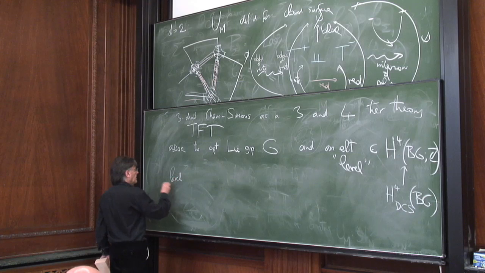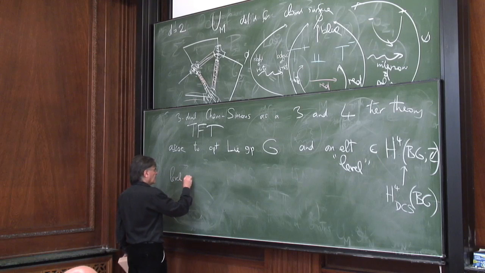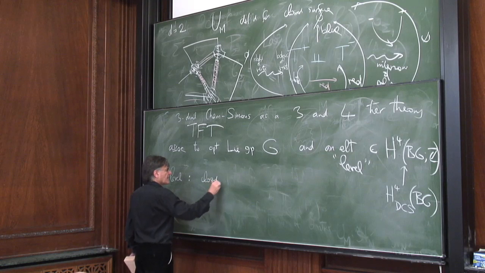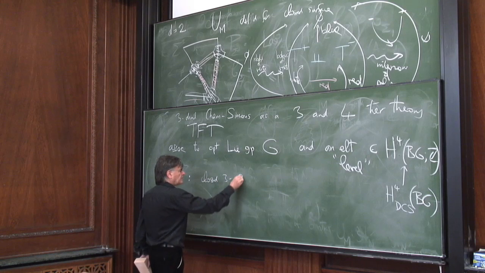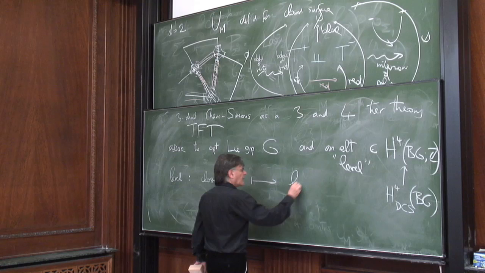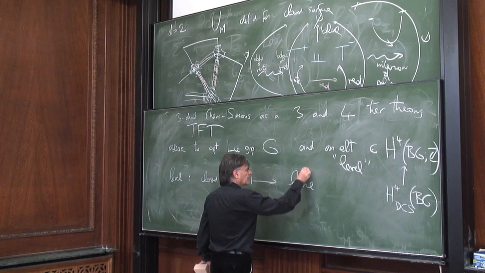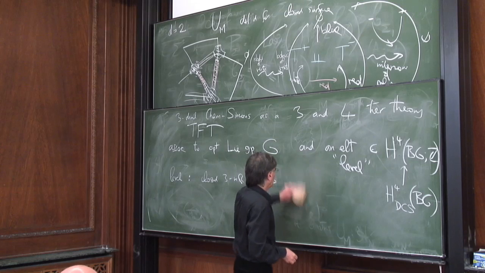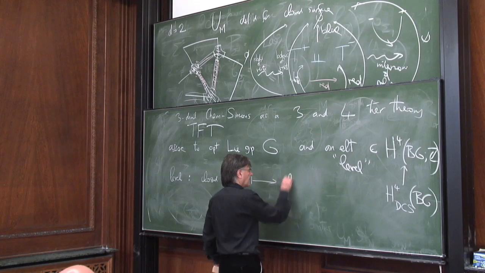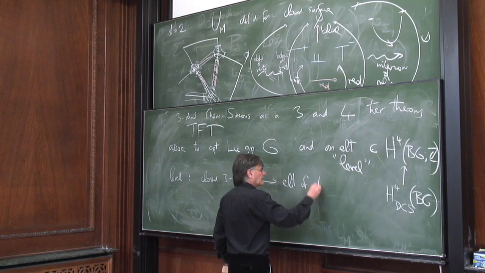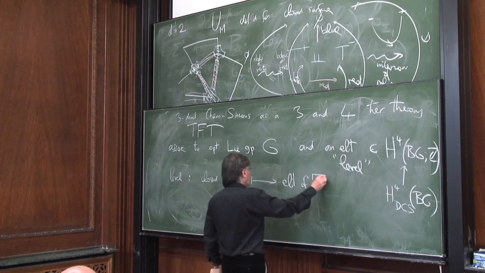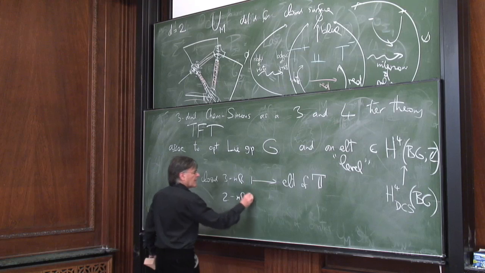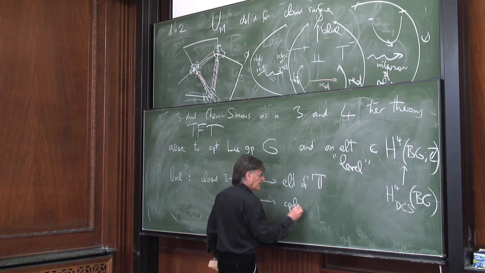The level associates, among other things, to a closed 3-manifold an element of a circle, and to a closed 2-manifold a complex line.